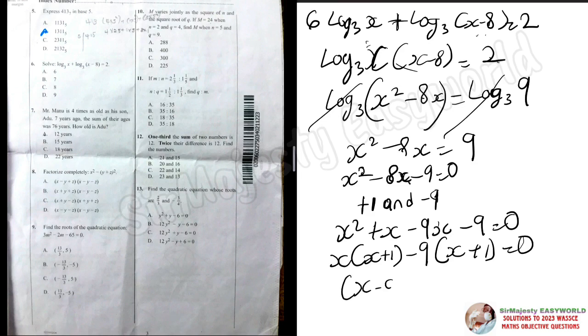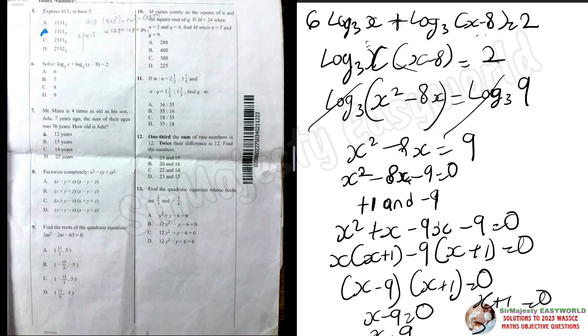So this will be x minus 9 times x plus 1 is equal to 0. Apparently the options are only giving positive numbers, so I need to deal with the answer that gives us a positive number. If you equate x minus 9 to 0, x is equal to 9. If you equate x plus 1 to 0, x is equal to minus 1. So the answer I'm looking for is x equal to 9. So the correct answer to this question is D.